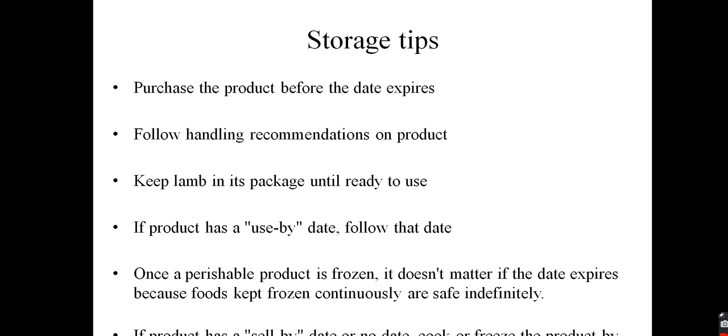One perishable product is frozen, like meat. It does not matter if the date expires, because food kept frozen continuously is safe indefinitely. If the product has a sell by date or no date, cook or freeze the product by the recommended time.